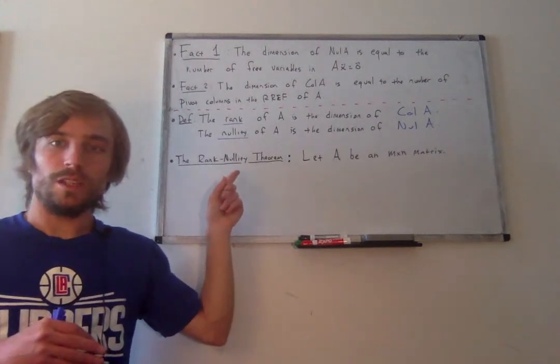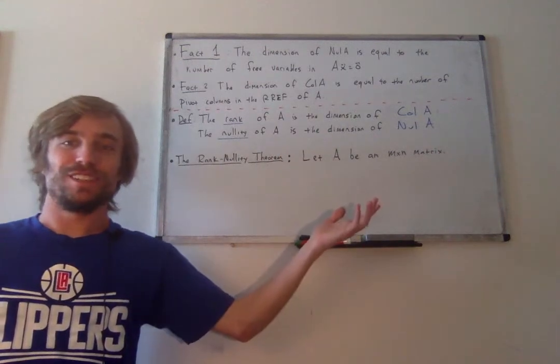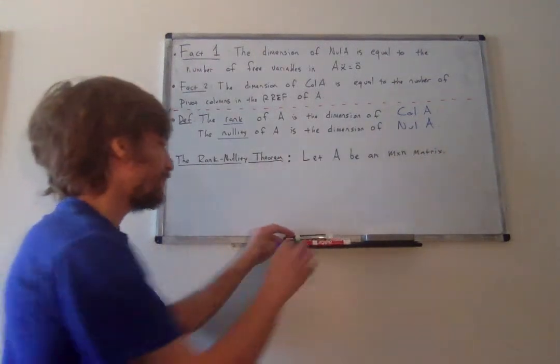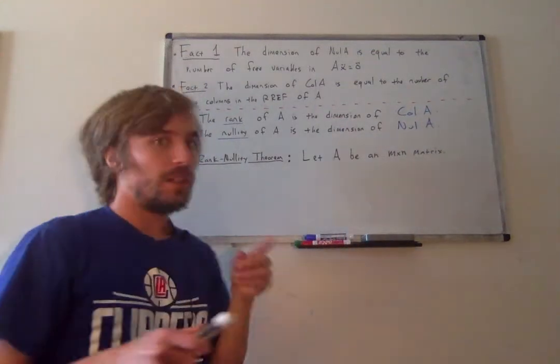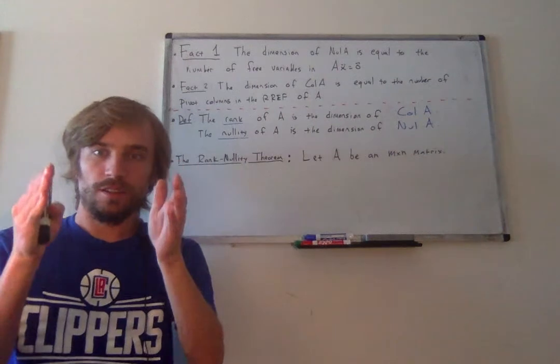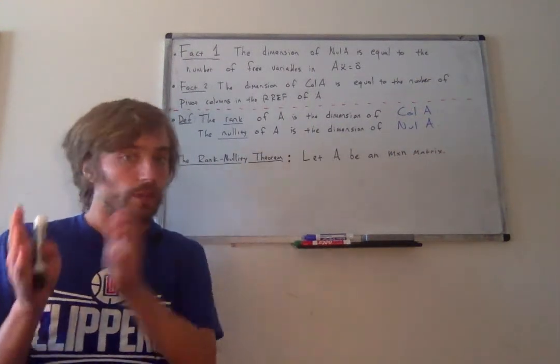And so this is the big theorem of all of linear algebra. Let A be an m by n matrix. Notice, if A is a matrix with n columns, then each column has to be a pivot or not a pivot, and there's no in between. You're either a pivot column or you're not.